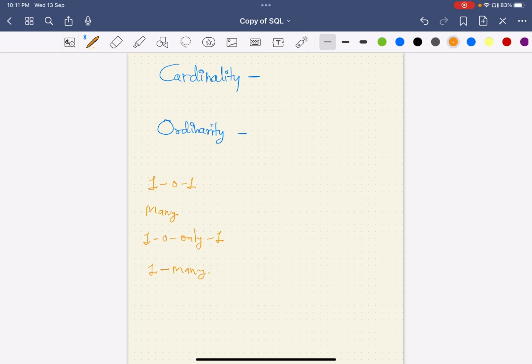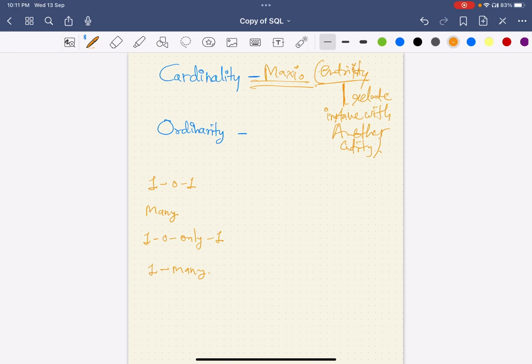So cardinality is the maximum number of times an entity can relate to an instance of another entity.